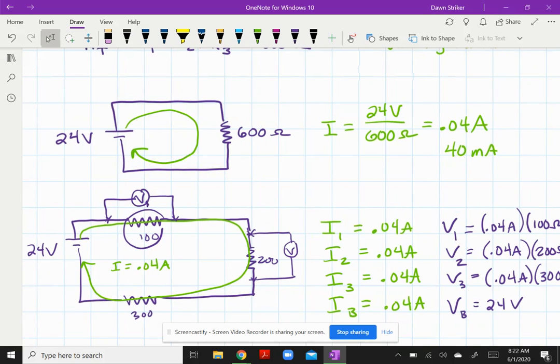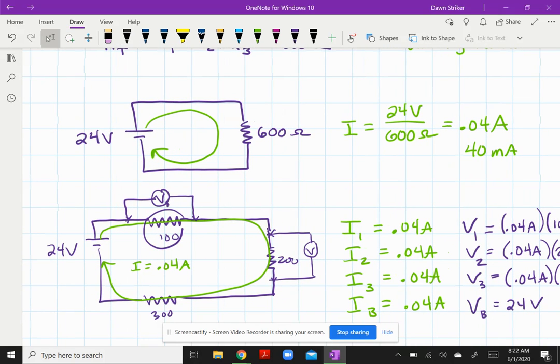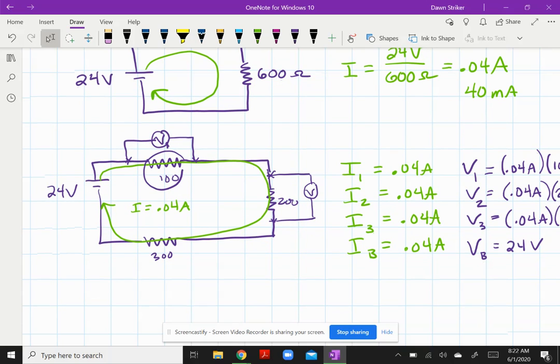That's your check. Okay. The last thing that I'm going to ask you to find is how much power the battery is putting out. Power. And I'm going to use a little subscript of B to mean the power provided by the battery. Power is I times V. So in this case, the current that the battery is providing is 0.04 amps.